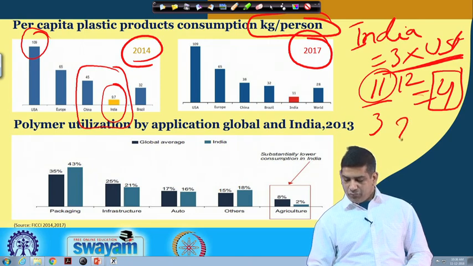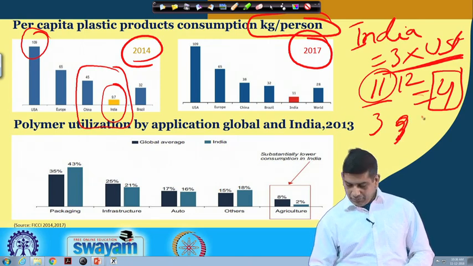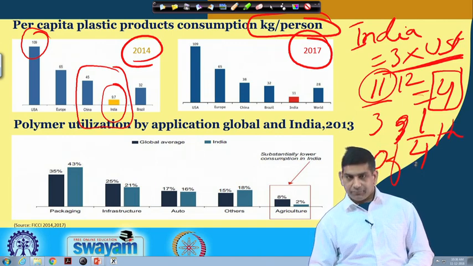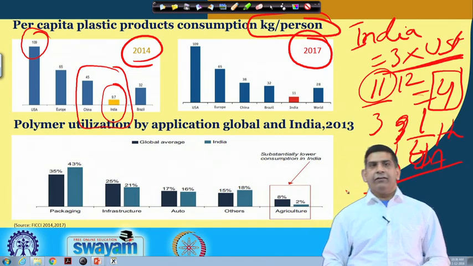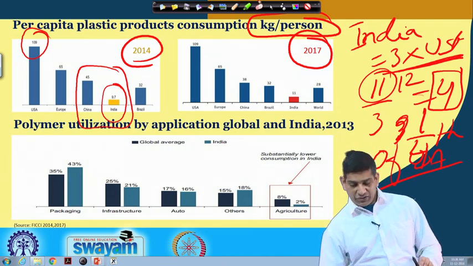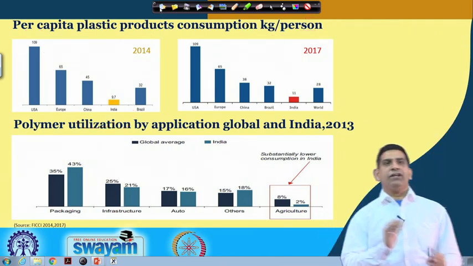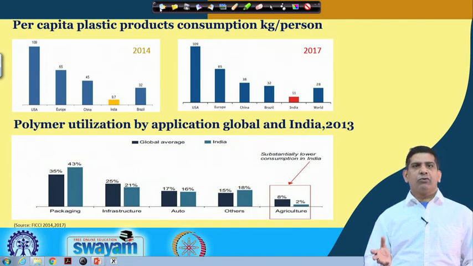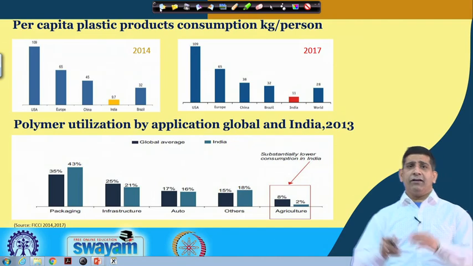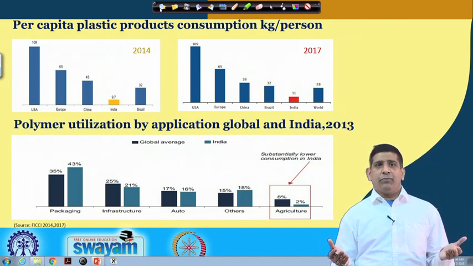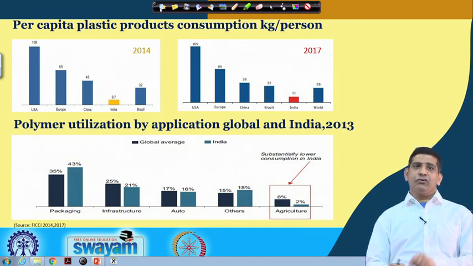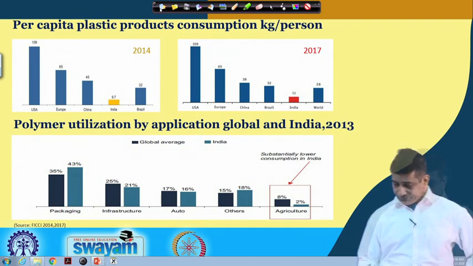So in terms of plastic usage, we are one-fourth of the USA. If you take into account just the kg of plastic used in the country, excluding the population data, it's around 25% of the plastic that is used in the USA. Still, it's much less, considering we have so many people around. We use just 25% of the plastic used in the US market.